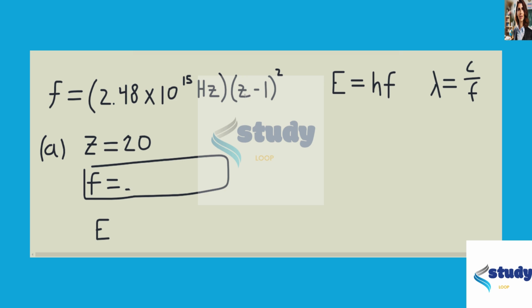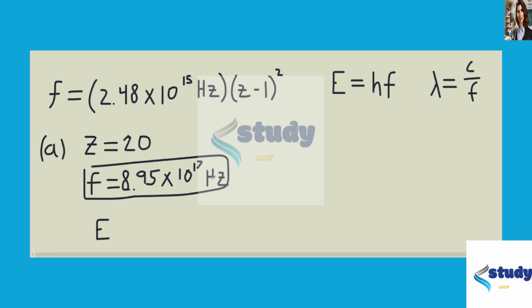Z is 20, so this is 20 minus 1 squared, and it gives you 8.95 times 10 to the 17 hertz. That is the frequency that we're dealing with here.